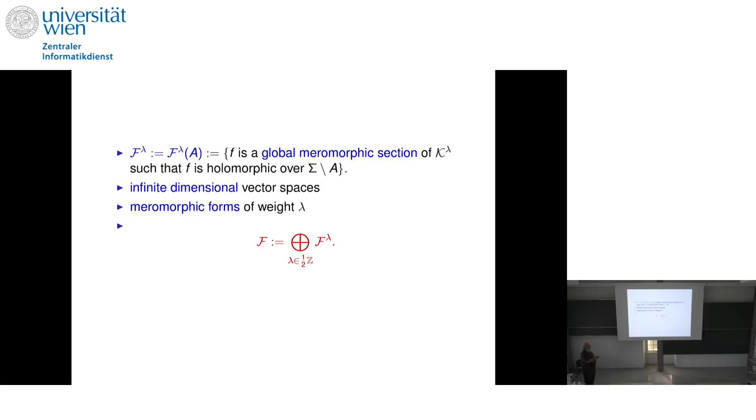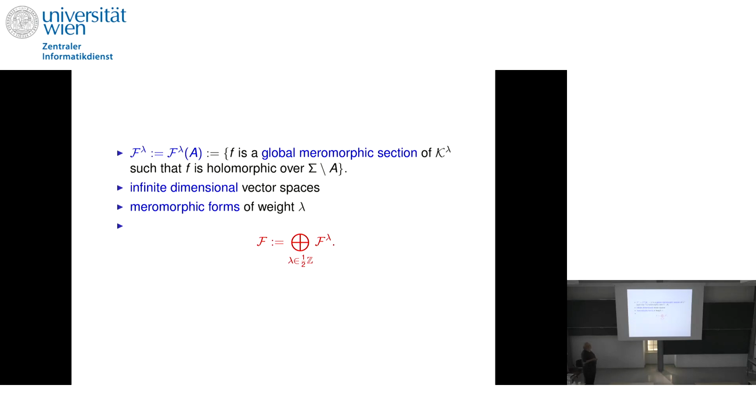Good. Now, up to now this is only a vector space, okay? This is F, the direct sum of all these F lambdas. Here I already even wrote down half Z, but this means, of course, that if we take half Z, we have to fix a theta characteristic or spin structure, or square root of the canonical bundle.